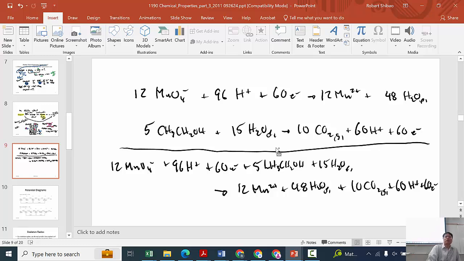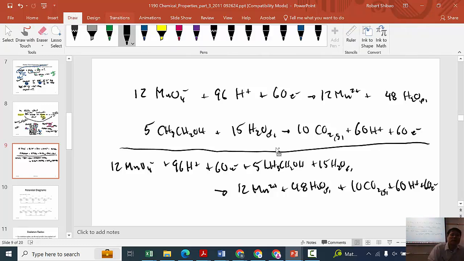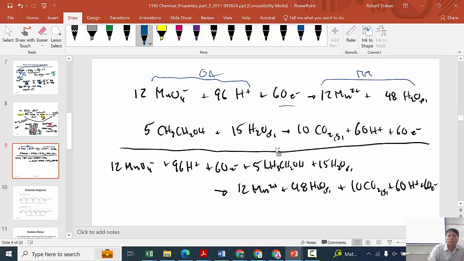Okay, then I'm going to look for driving force. The driving force I'm going to base on the half reaction. So this is my oxidizer. It's taking electrons here, and this will be the conjugate reducer here. This will be the reducer here. It's losing electrons here, and this would be the conjugate oxidizer here.